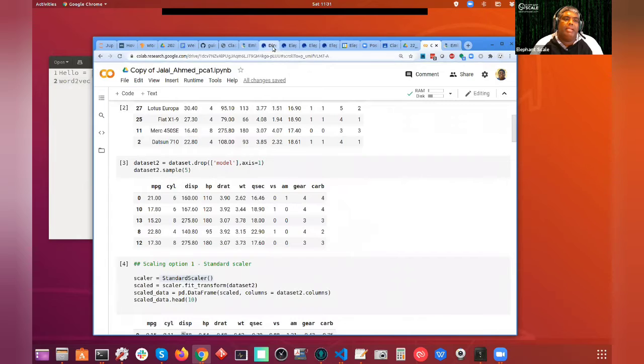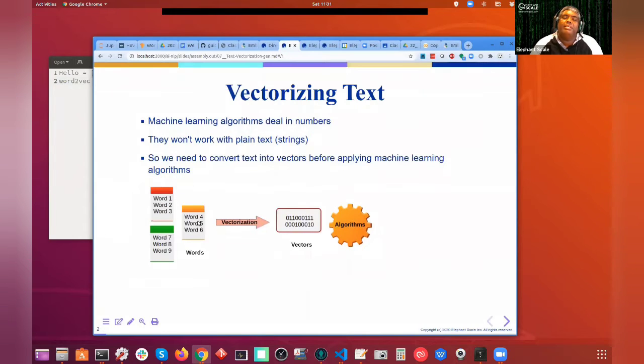But what if I had a bunch of words? An algorithm cannot handle words. So the first step is to turn the words into vectors. Then you can apply your classifiers like SVM, naive Bayes, anything we want. But the first step is vectorizing, right?